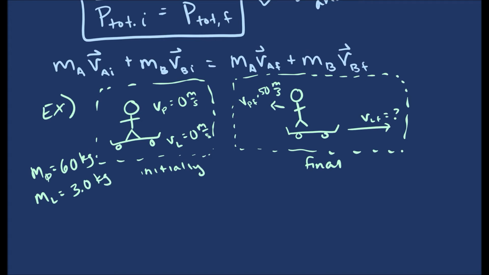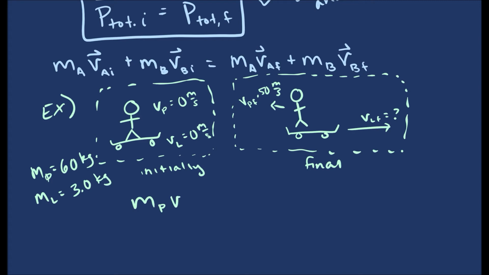Okay, so let's set up our conservation of momentum equation. If we write it out, we have the mass of the person, and we're assuming, as usually when we do these conservation of momentum problems, that the mass stays the same. So that's why I don't have an initial and final mass.